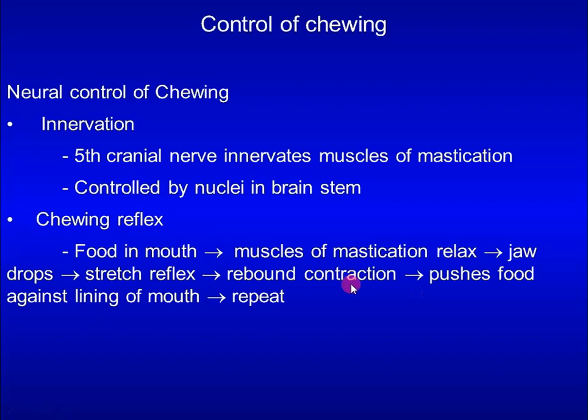This raises the jaw to close the teeth and compress the food against the lining of the mouth, which inhibits the jaw muscle once again. So this repeats again and again until the food is fully broken down.